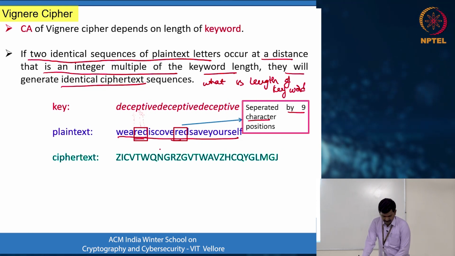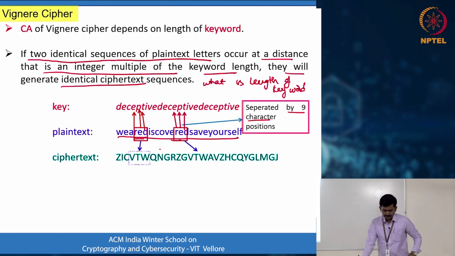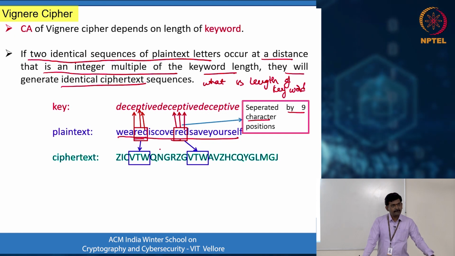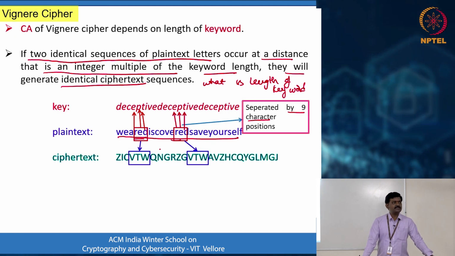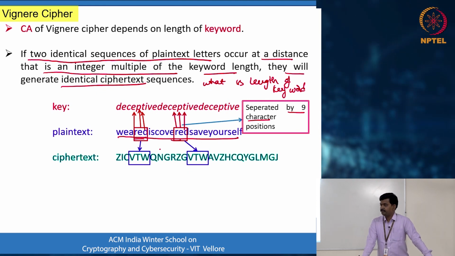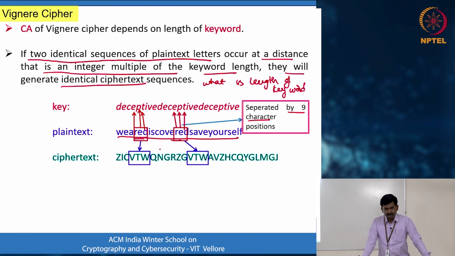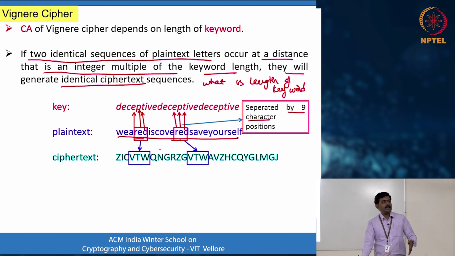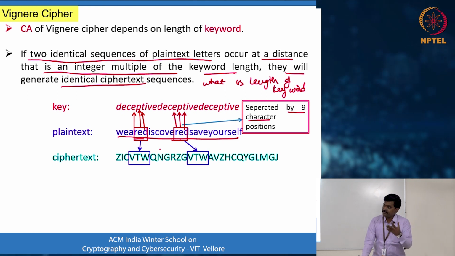Because of that, what happens? They produce identical sequence. Now the attacker comes to know the length of the keyword.